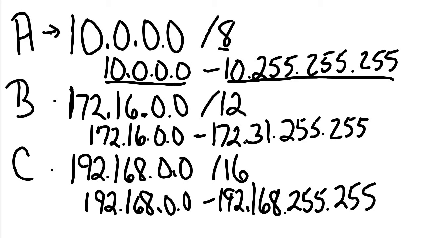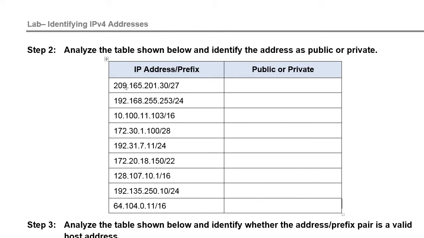I don't. I've got numbers that start with 10, numbers that start with 172, and numbers that start with 192. So immediately I can look at its first octet and say, that's not in any of my private ranges, so if it's not private, it's got to be public.